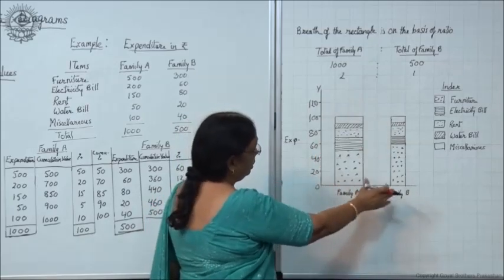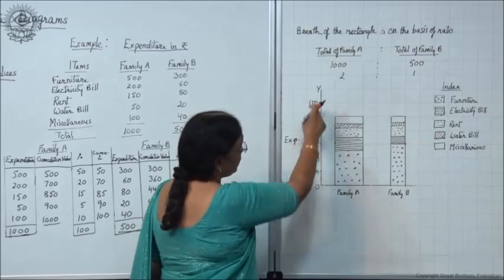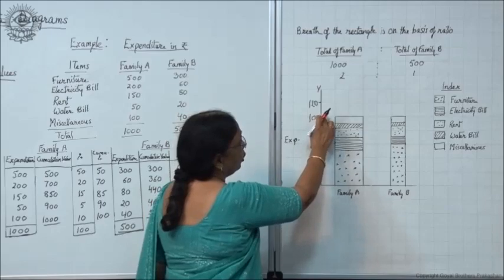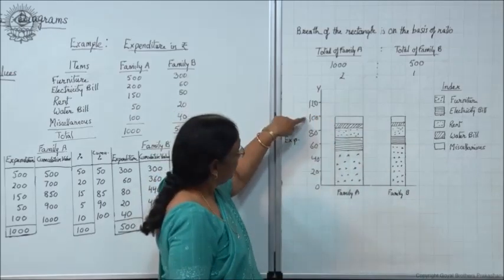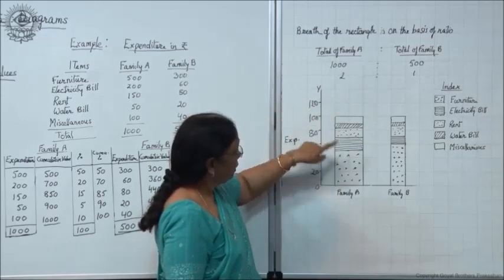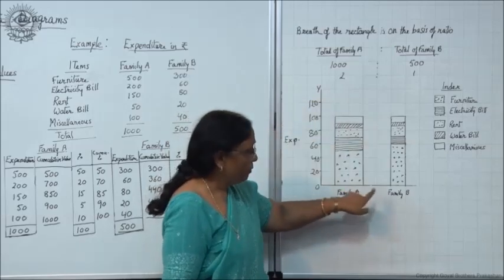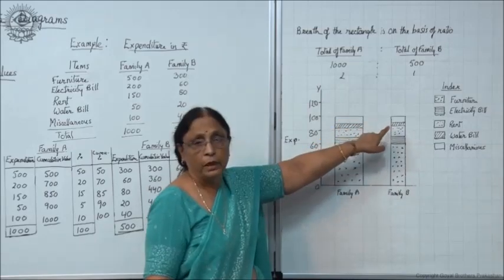Now here the bar is drawn, the expenditure is taken on this side, and the total expenditure what we have converted into percentage will be on the basis of this figure given here. This is 100. So total length of the bar in the case of family A as well as family B will be 100.